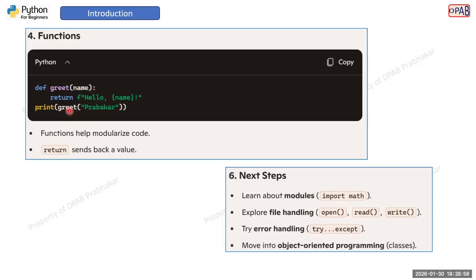So greet will return hello and name, so hello Prabhakar, like this. So this is the type of function we can define as a user. User defined functions are different, built-in functions are different.